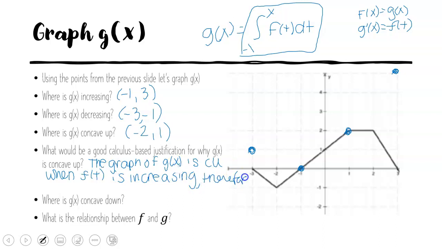Therefore, -2 to 1. You have to talk about each graph with respect to what you have. We know that it is concave up on that graph because it is increasing. It is concave down when it is decreasing.